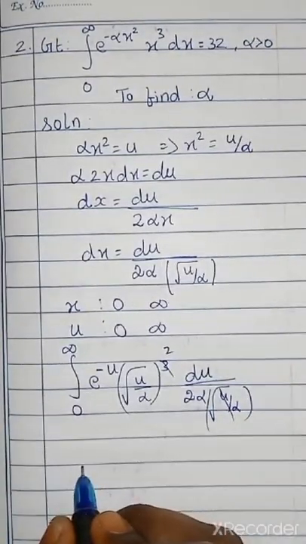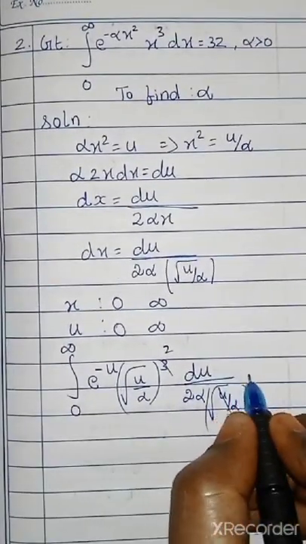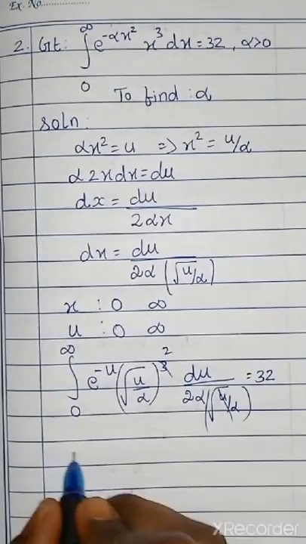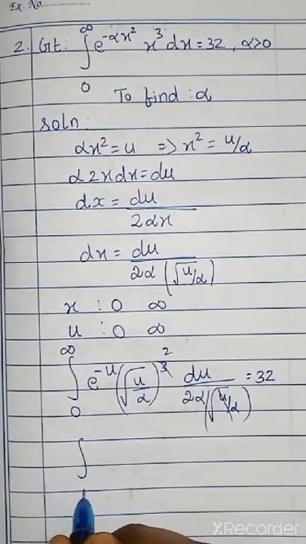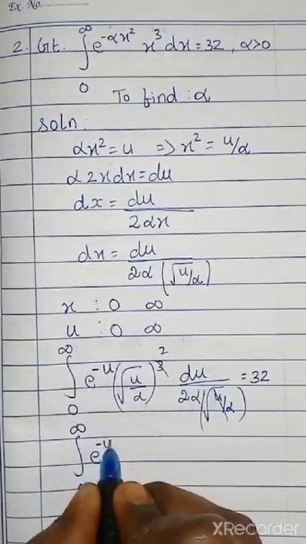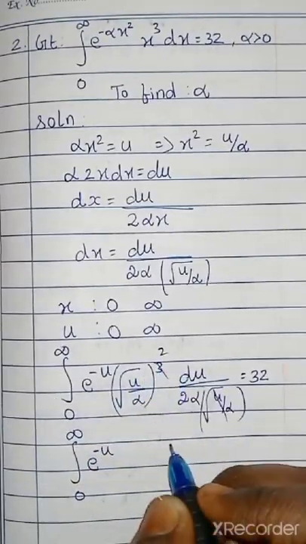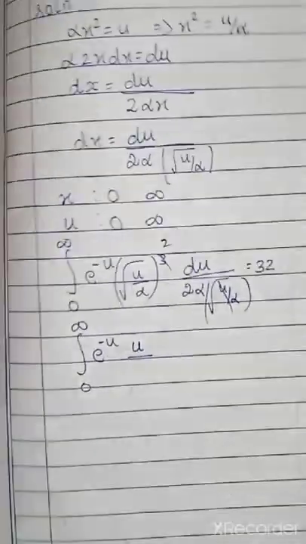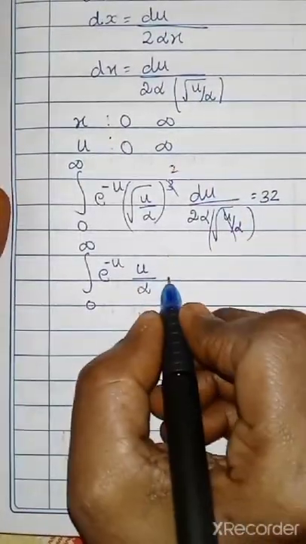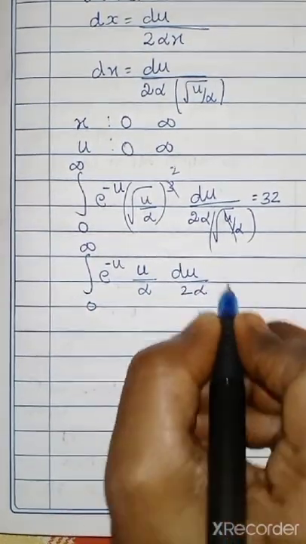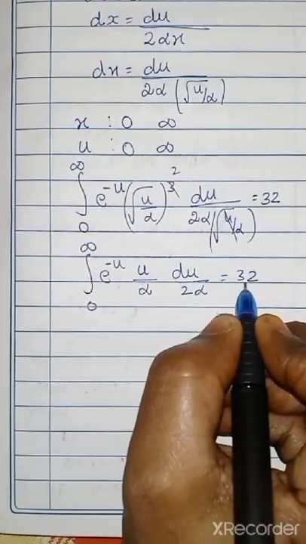Next, again what can you write here, which is equal to what is given here? Equal to 32. Now integral 0 to infinity e power minus u, square root and square will get cancelled. So what will be remaining? 2 by alpha, right? 2 by alpha into what is remaining? du by 2 alpha, which is equal to 32.